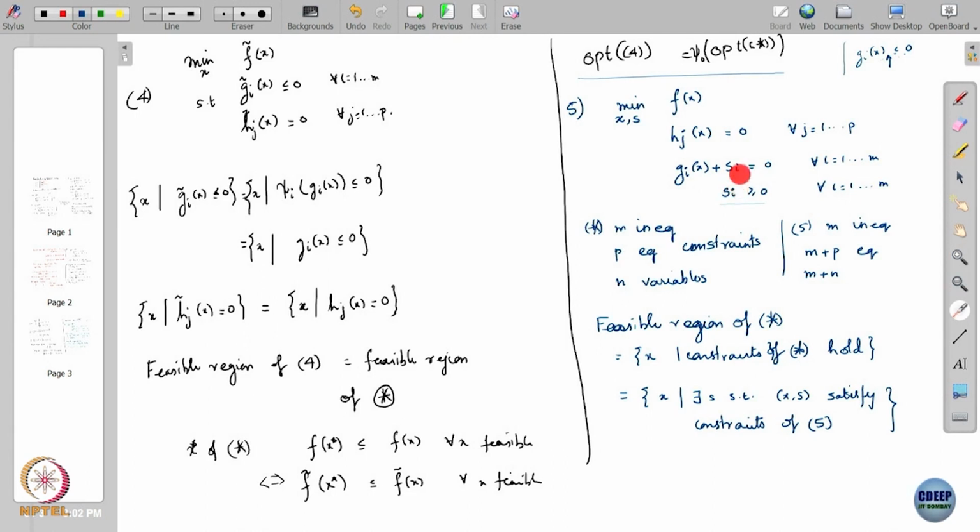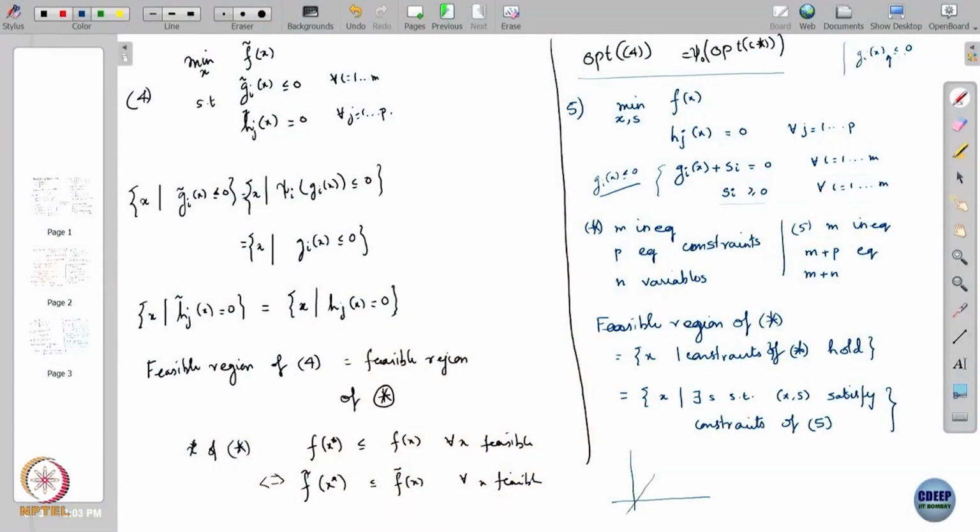But gi of x plus si equal to 0 and si greater than or equal to 0 would mean that gi of x is less than or equal to 0. So, these two together automatically imply that gi of x is less than or equal to 0. So, consequently, the x's for which the constraints of star are satisfied are the same as the x's for which you can find some s, such that the constraints of phi are satisfied with x and s together.